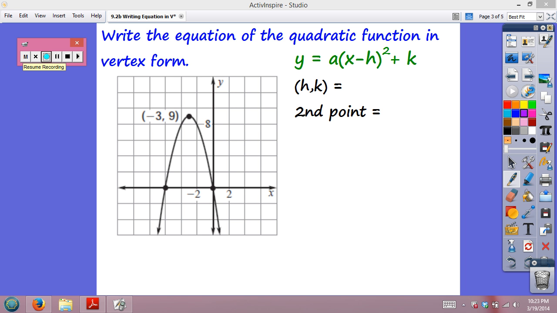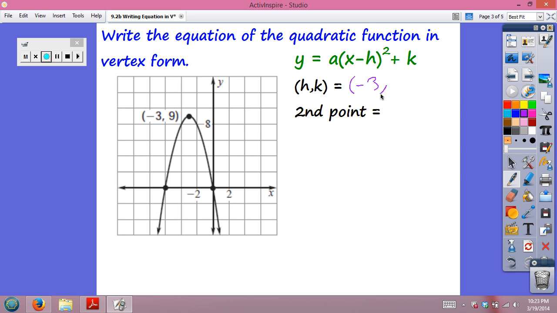So, from our first example, notice we're just given a picture. And it tells us that our vertex is at the point -3, 9. Now remember, our vertex is our (h, k), so (h, k) equals -3, 9. We're going to also pick a second point. And notice we have two other points placed for us here.